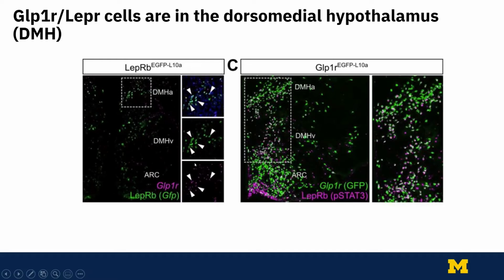And you can see in both cases, we see that overlap of these two genes is localized to the dorsomedial hypothalamus, and predominantly in this stretch here in the anterior as well as the ventral dorsomedial hypothalamus. And as you can see here, there's essentially no overlap in the arcuate nucleus.